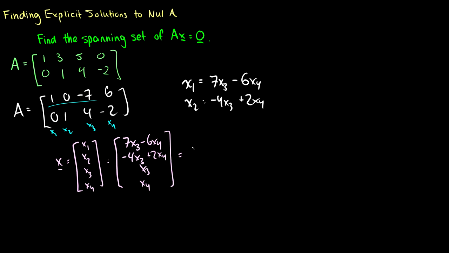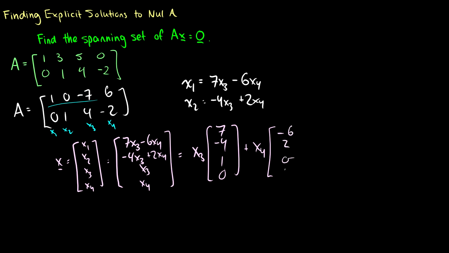Okay, let's do some factoring. So we have x3 times 7, negative 4, 1, and 0. Then we're going to add x4 times, if we factor x4 out, negative 6, 2, 0, and 1.